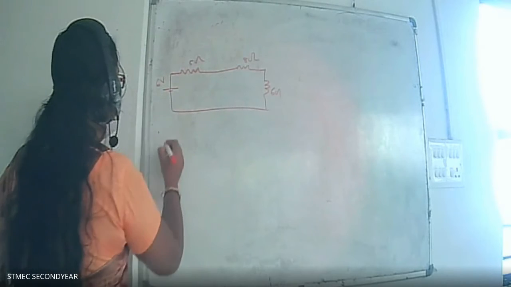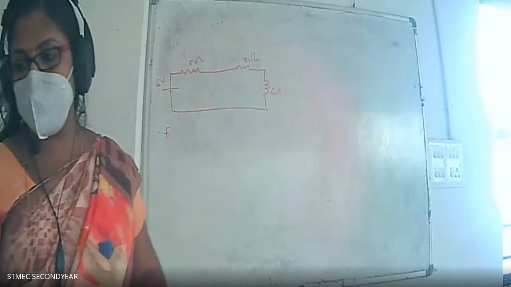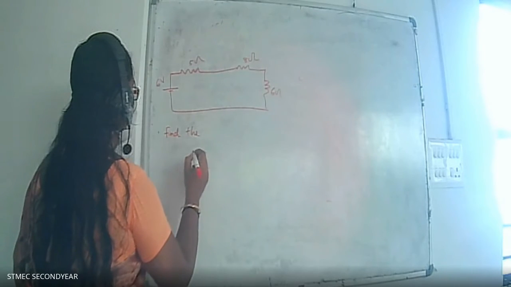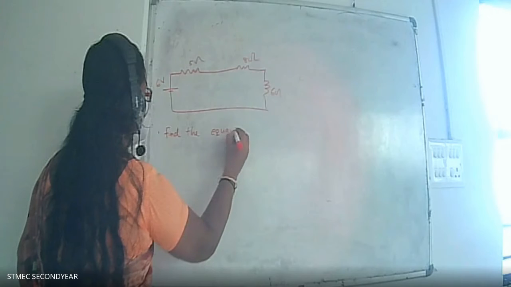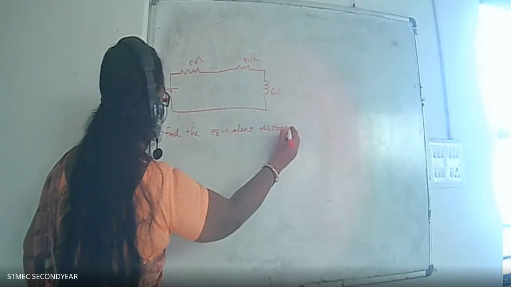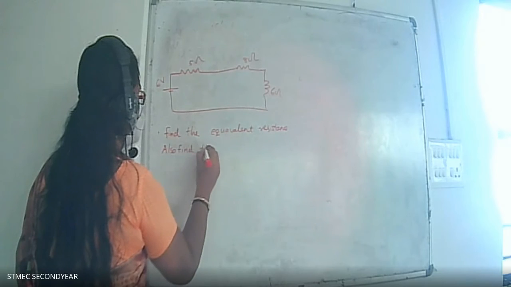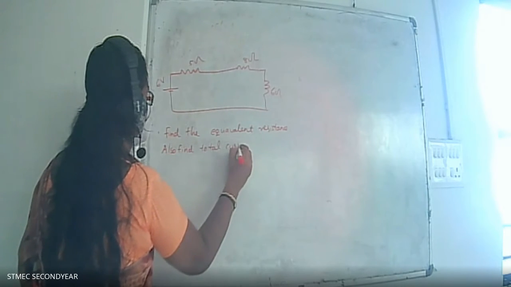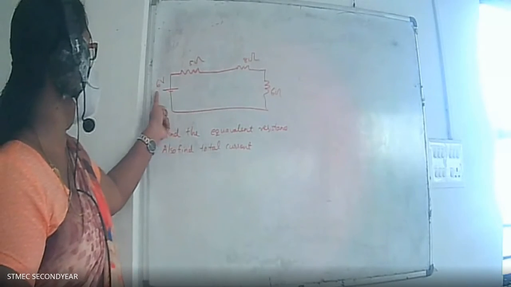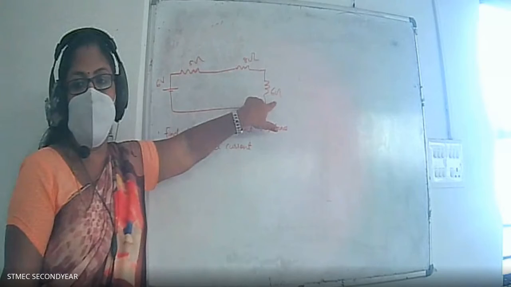Find the equivalent resistance. Also find the total current. So this is a problem you should do. A 6-volt battery here, a 5 ohm resistor, an 8 ohm resistor, then a 6 ohm resistor.